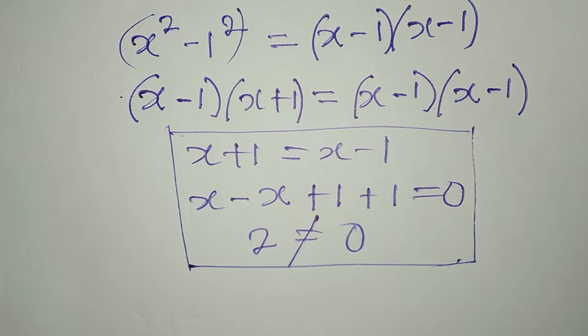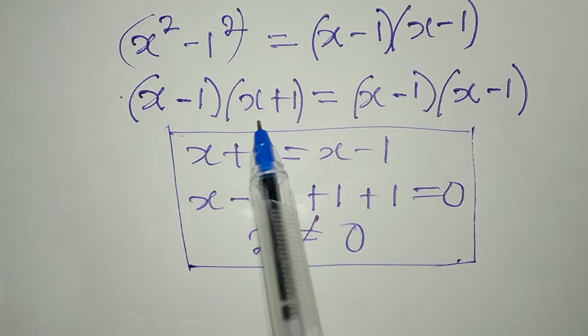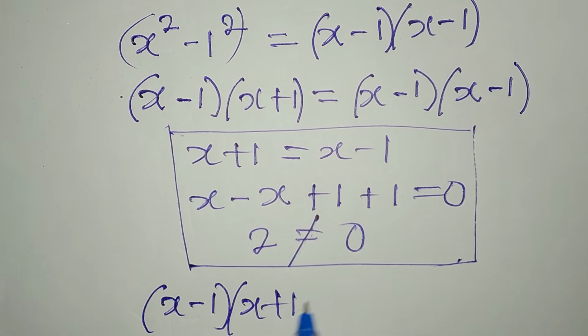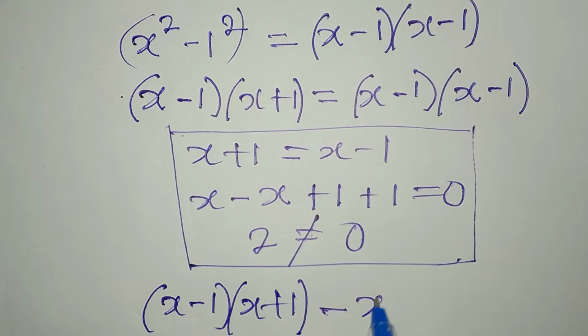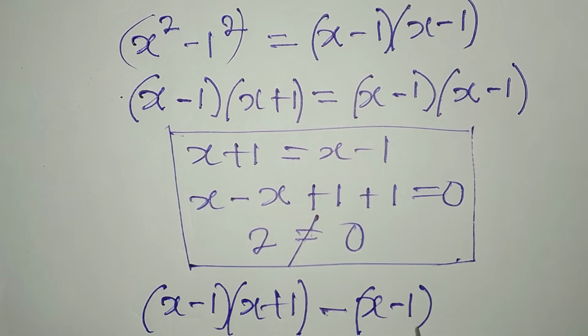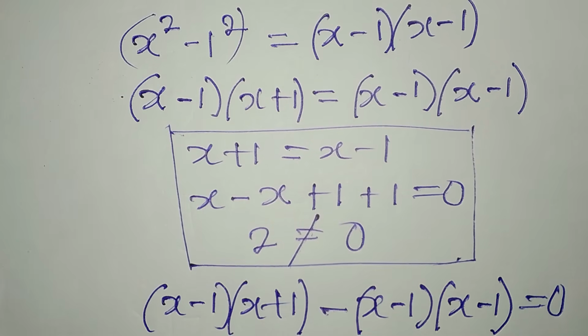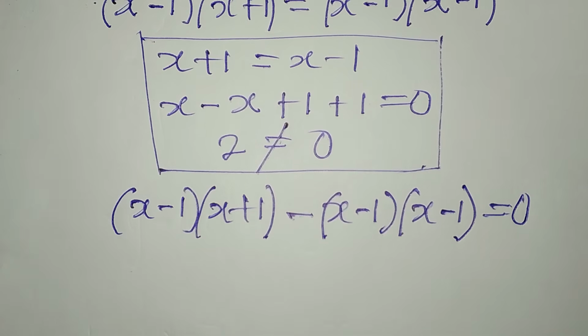Now let's go back and bring this to the left so that I will now have (x minus 1) into (x plus 1) minus (x minus 1) in brackets into (x minus 1) in brackets, then everything equals 0.